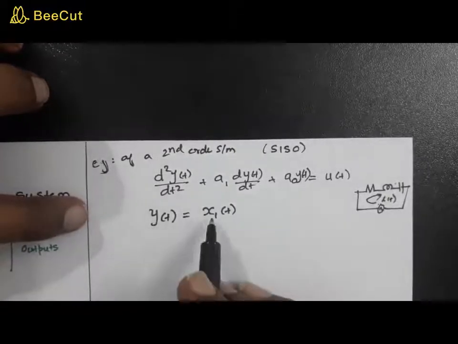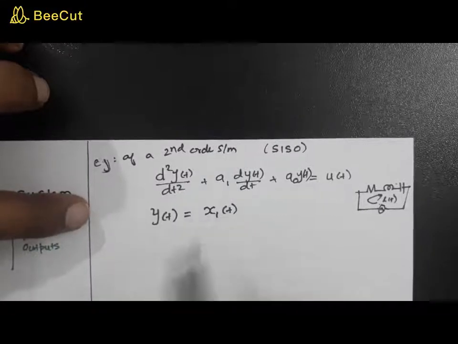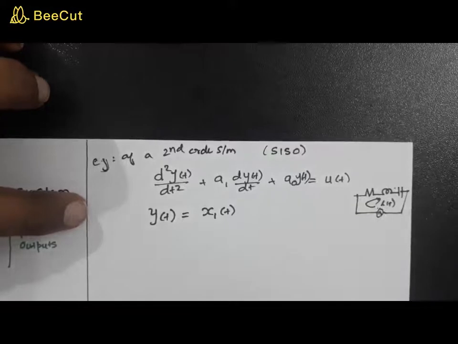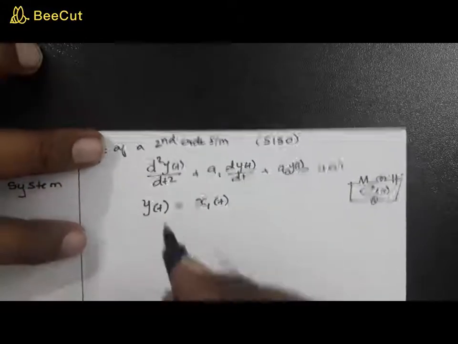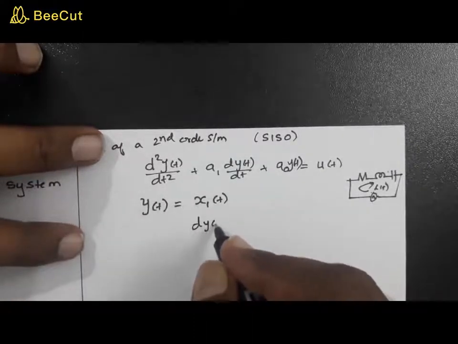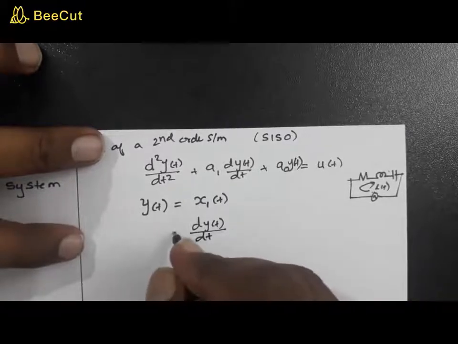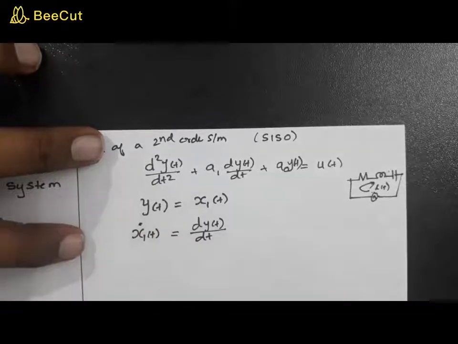If y of t is assumed to be x1 of t, then x1 of t refers to one of the states of the system. So y of t is equal to x1 of t. Now you have dy of t by dt, which is actually equal to x1 dot of t.